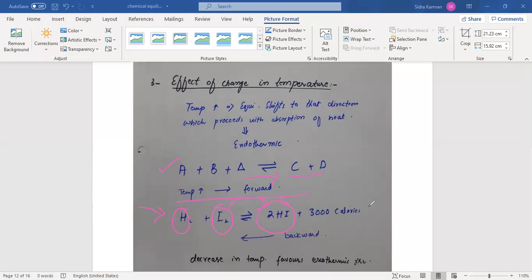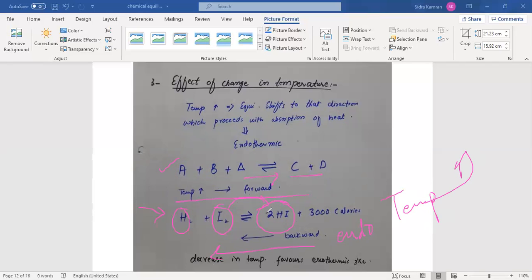If you are increasing heat or temperature in this reaction, it will move backward, because the backward direction is endothermic. This backward direction needs energy to proceed.